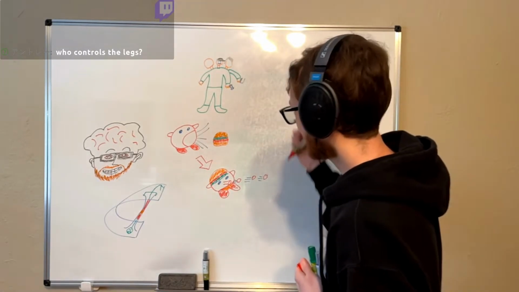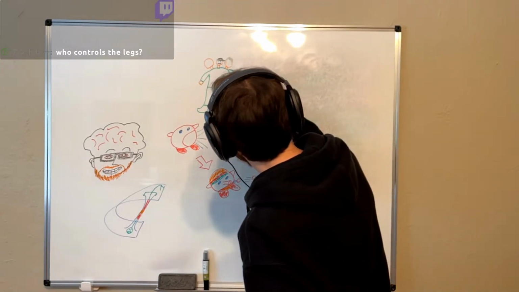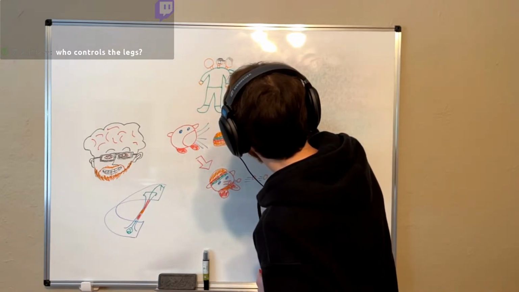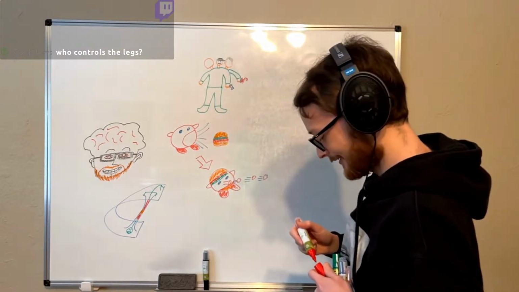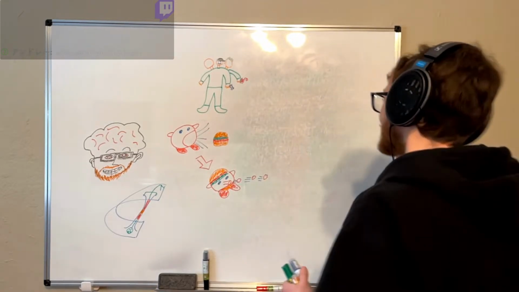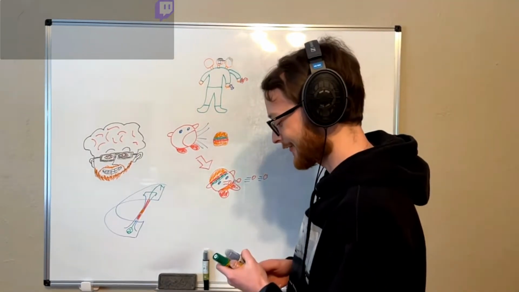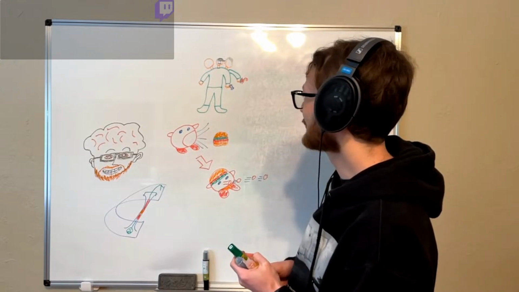You can have red tea, I guess. I don't know why the string and grabber thing is also red. Who controls the legs? I think they have to agree on it. I think it's a democratic process where they each get control of 2/3 of a leg.